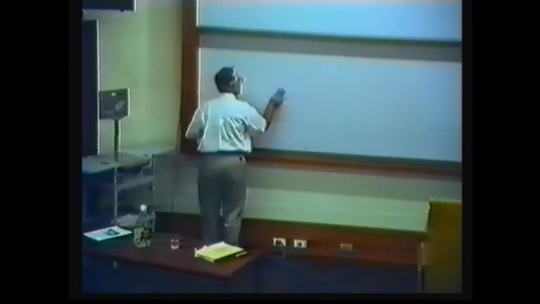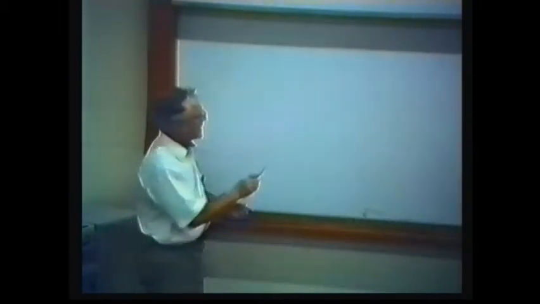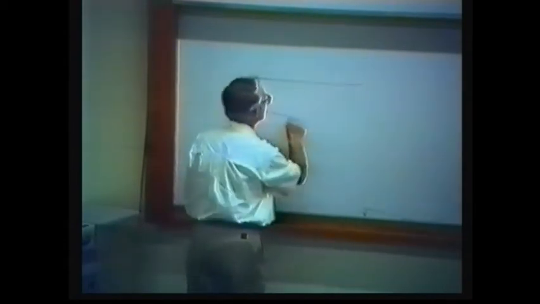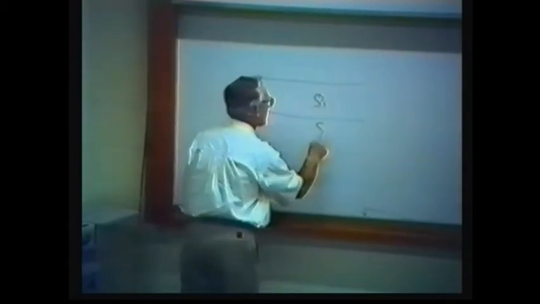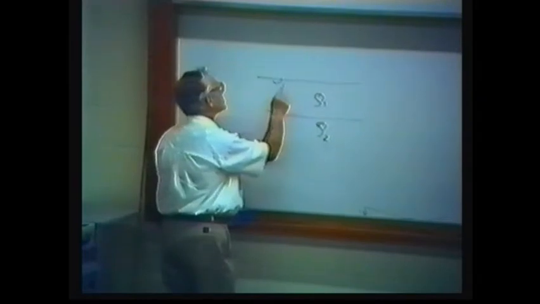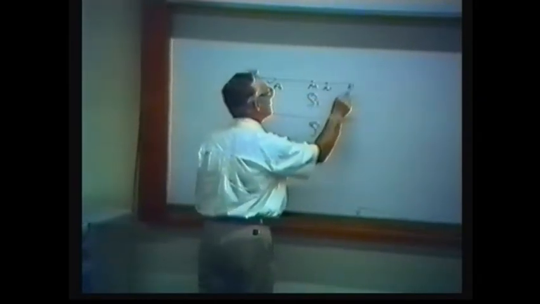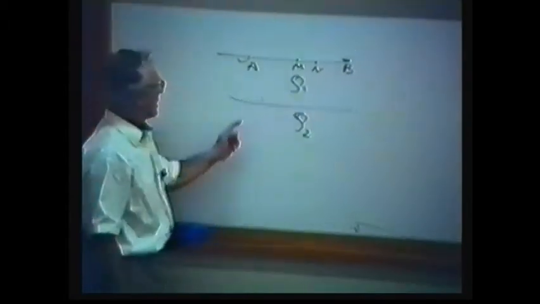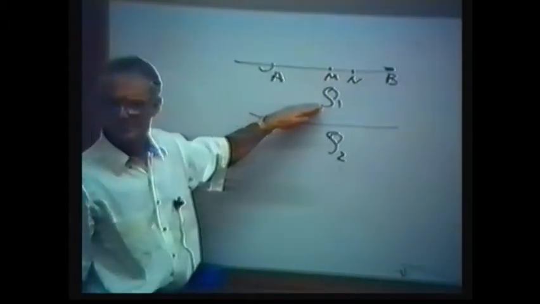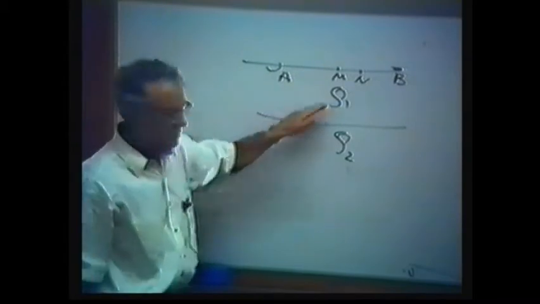Now let me give one more example, then we will move to other areas. My goal now is to review, nothing else. Let us take a two-layer medium, rho 1 and rho 2, with electrodes A, M, N, and B. A horizontally layered medium.